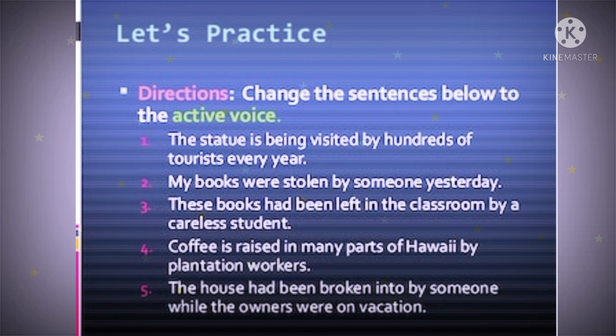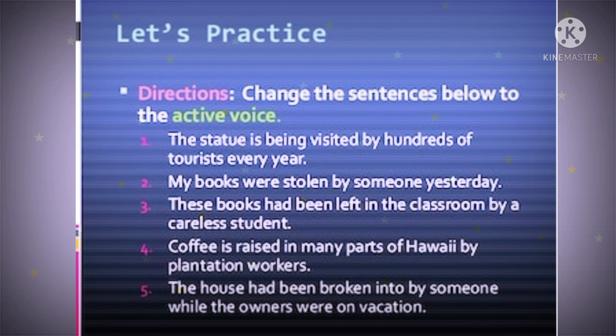Next sentence. Coffee is raised in many parts of Hawaii by plantation workers. So by whom? Plantation workers. Is raised is simple present. That is why plantation workers raise coffee in many parts of Hawaii.